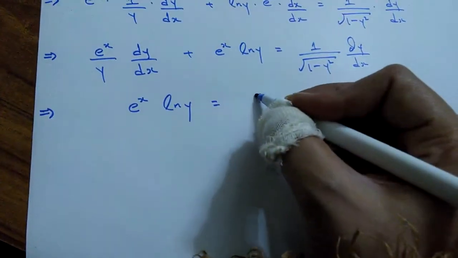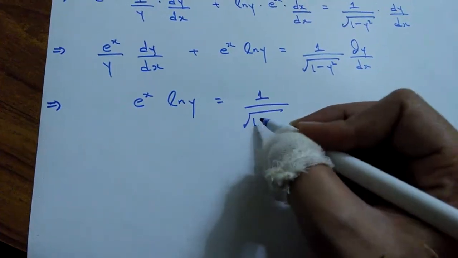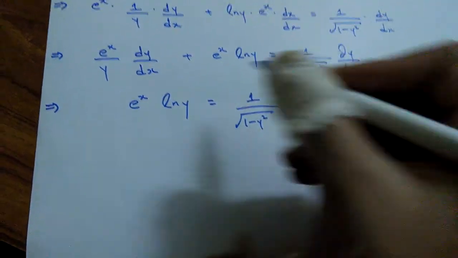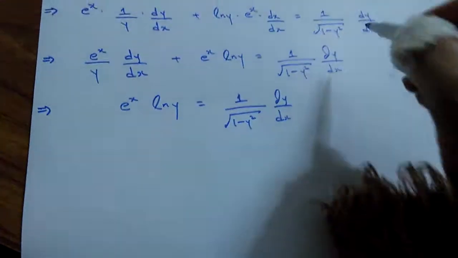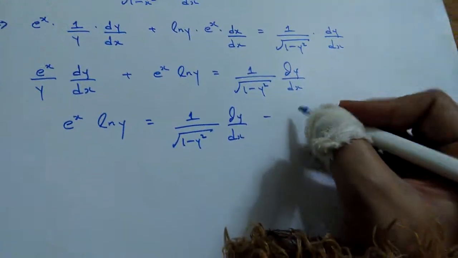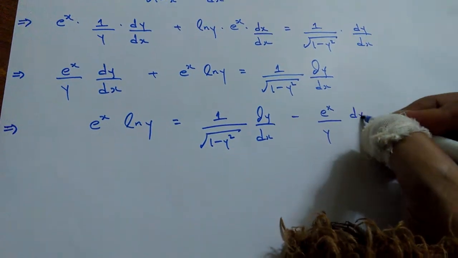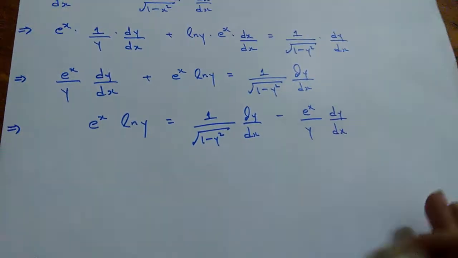Okay, so it is 1 upon under root 1 minus y square dy/dx at its place, and you simply move this thing over here. It becomes negative. All right, so it is dy/dx.